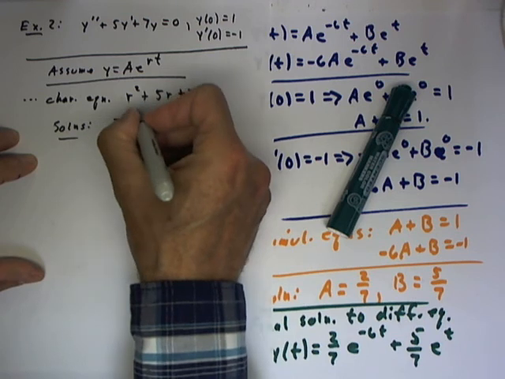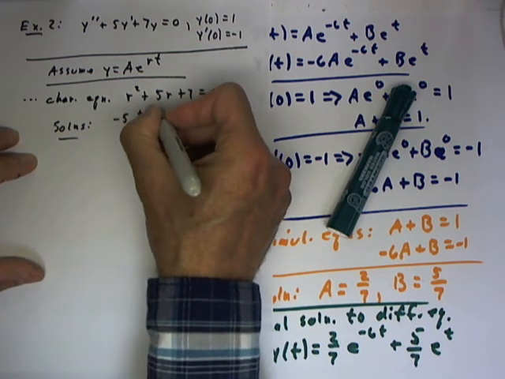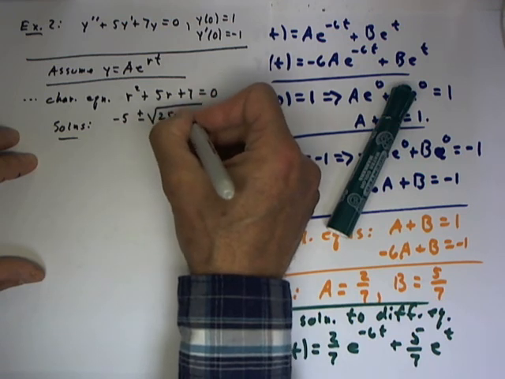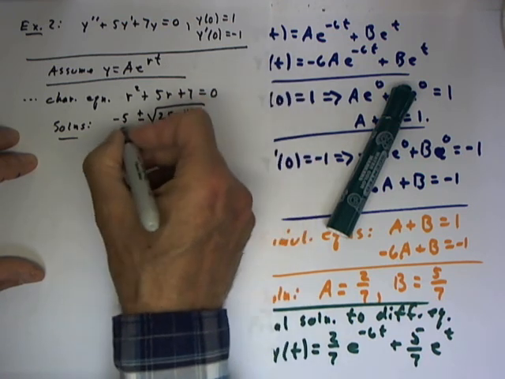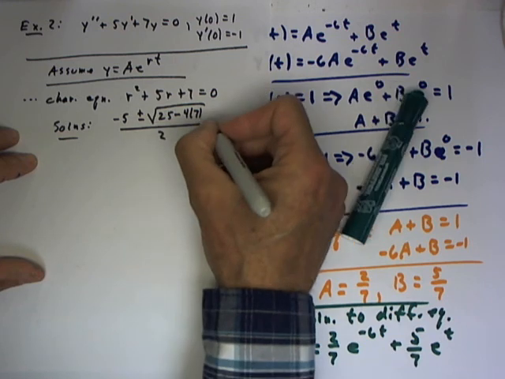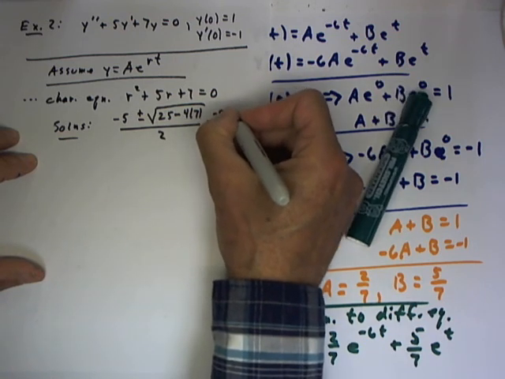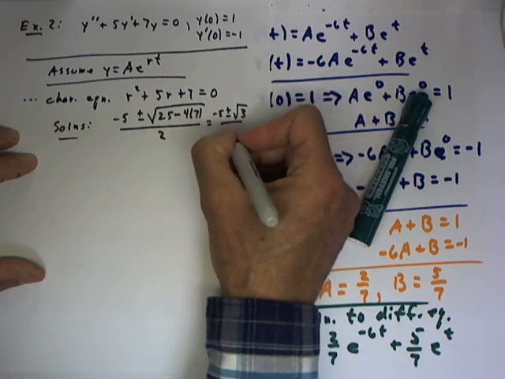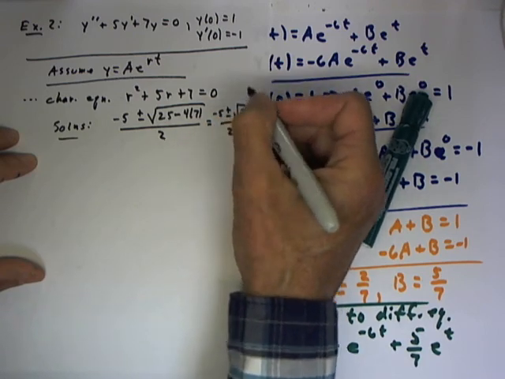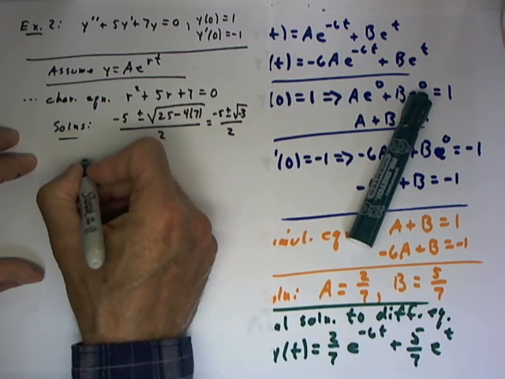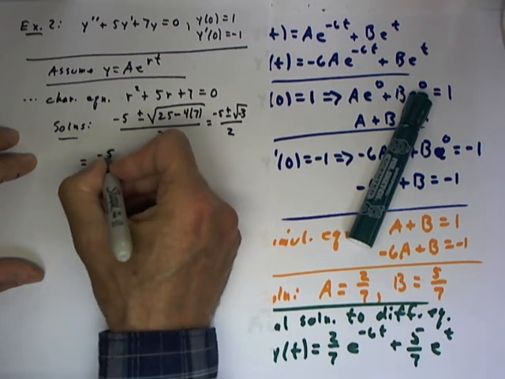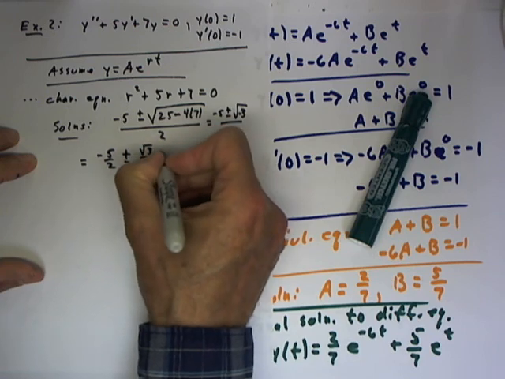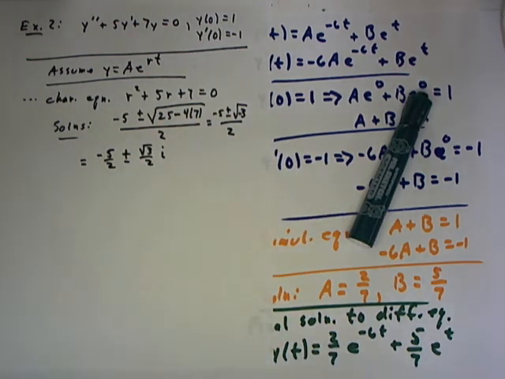We're going to get negative 5 plus or minus the square root of 25 minus 4 times 7, over 2, equals negative 5 plus or minus the square root of negative 3, over 2, which is negative 5 halves plus or minus the square root of 3 over 2 times i.